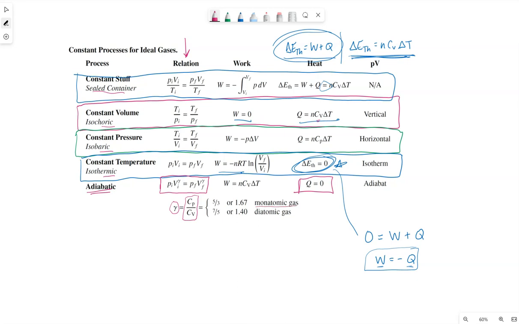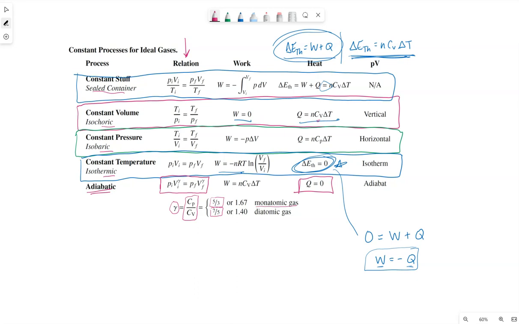Again, the top row is going to be the top number. We end up with 5/3 for a monatomic gas, and we end up with 7/5 for a diatomic gas. So these are constants. This is on the test notes, exactly where you see it relative to this table that we're looking at.